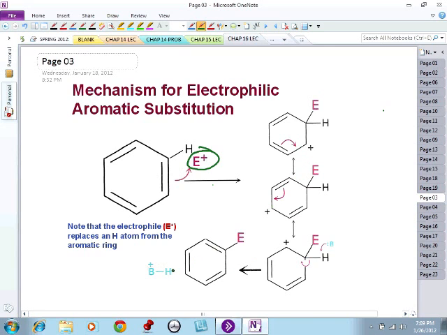And then finally, you have a base. The base will pull off this hydrogen, thereby releasing the two electrons to regenerate the aromatic ring system. And that is your classic electrophilic aromatic substitution reaction.